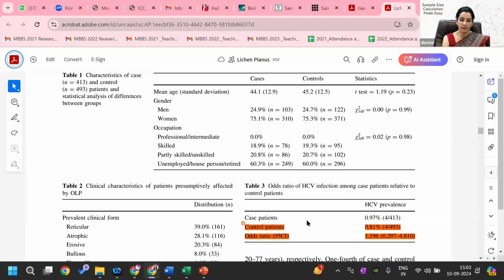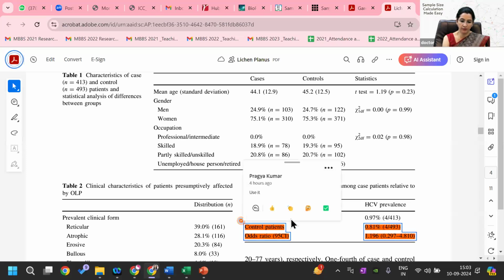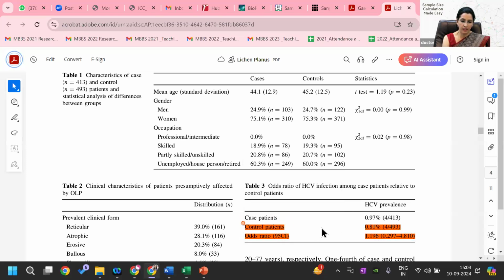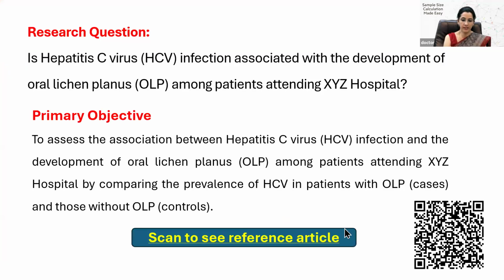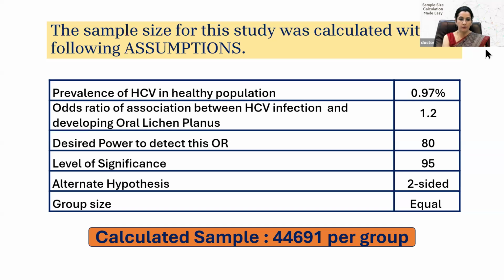So since we are using this, you can use any of the proportion, but in this case, we have used it in the cases. So you can either use 0.97 and 0.81 also as an input value. So if I go and see this, so I've used this 0.97 as the prevalence of HCV in healthy population.